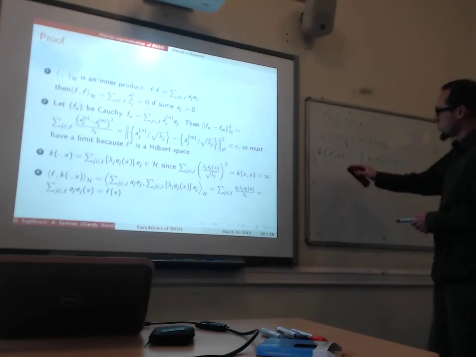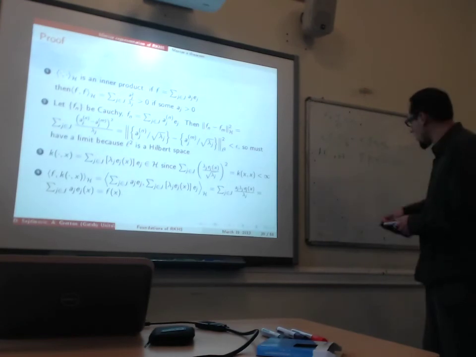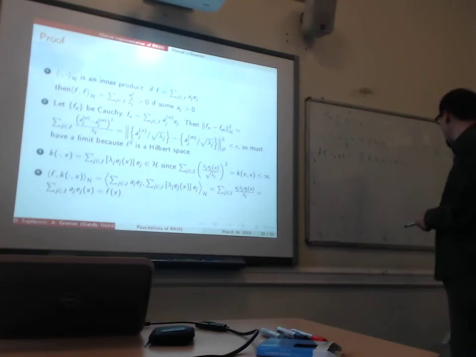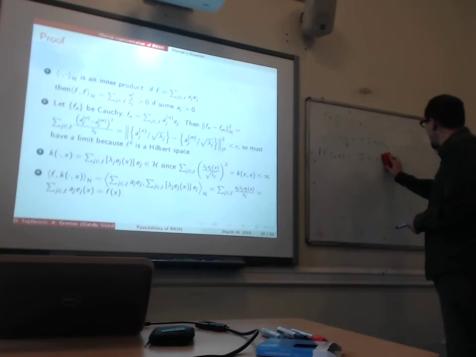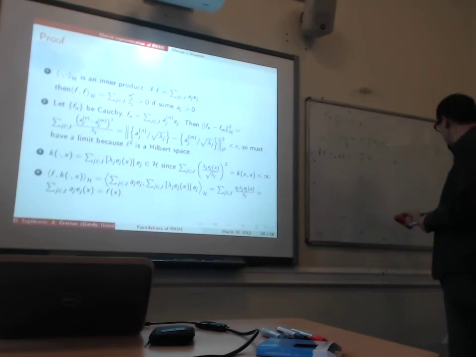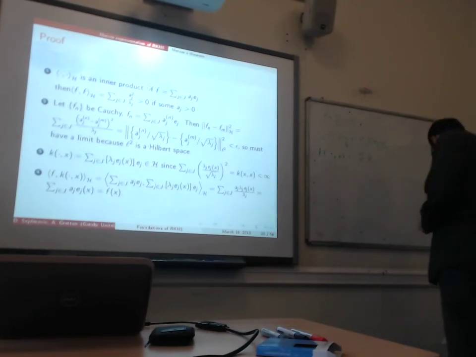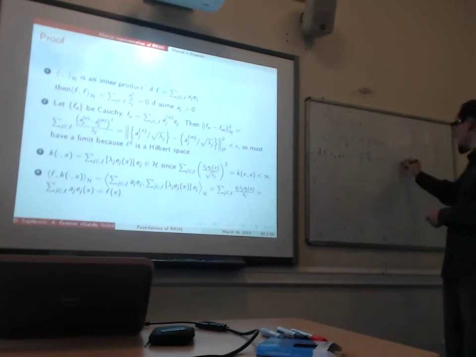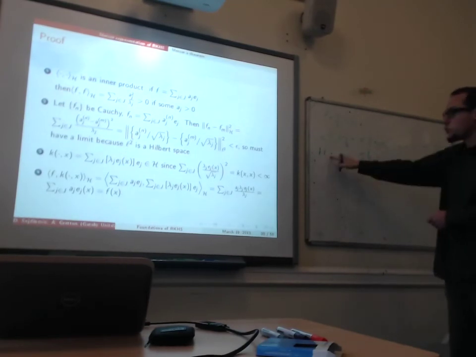Now if I want to consider this as a function of the first argument, I just put the dot there, and this e_j(x) I can remove, right? Those are now scalars, and I just get e_j. There should be an x' there, but we put that dot there.